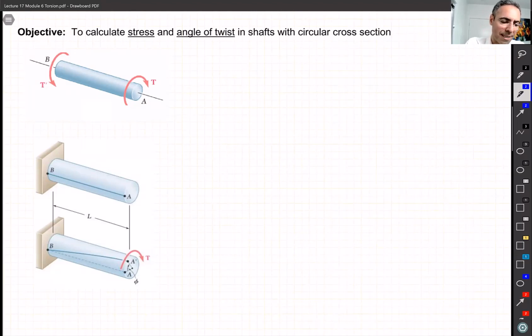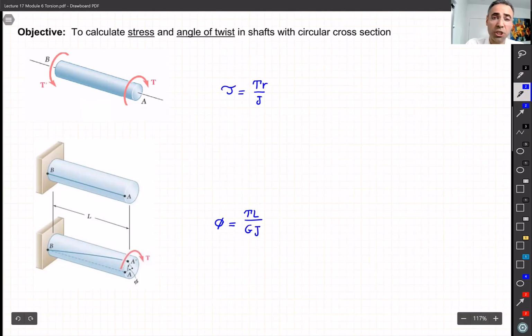Stress, we show it by tau, and tau has a simple formula, T R over J. An angle of twist has a very, very simple formula. Phi is T L over G J, all right? It's very similar to that F L over A E, right? Remember that delta that we learned before?